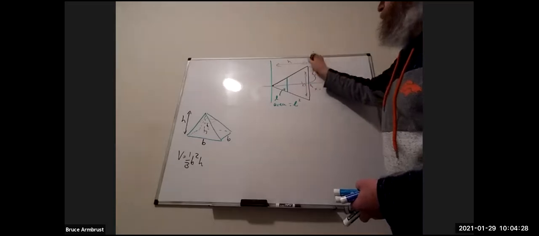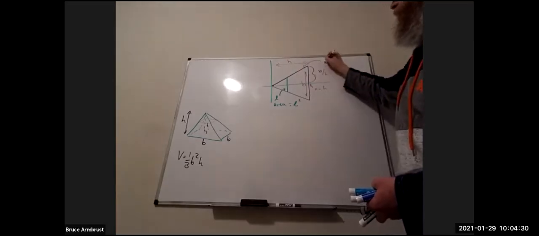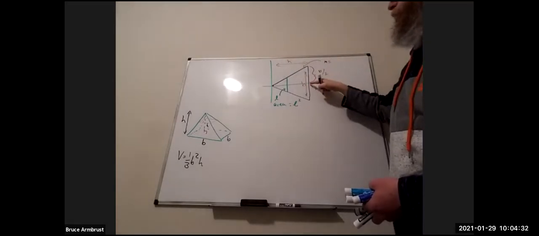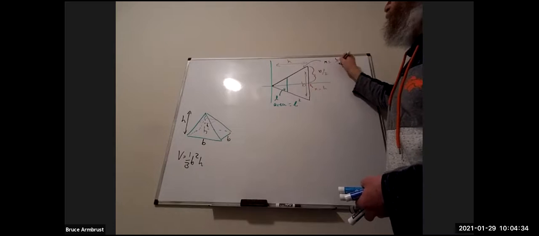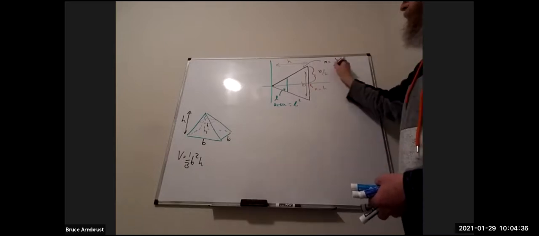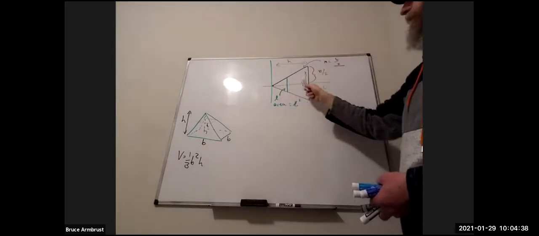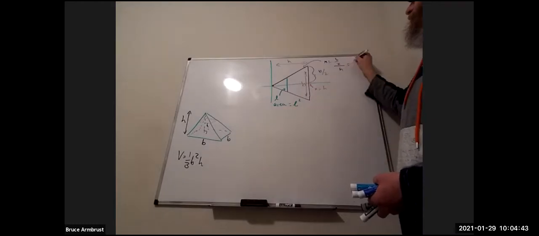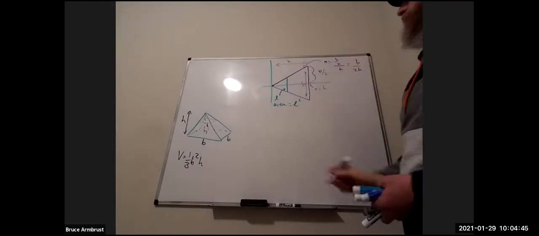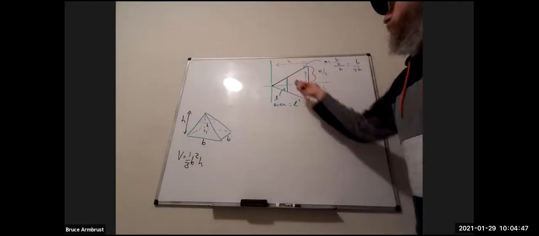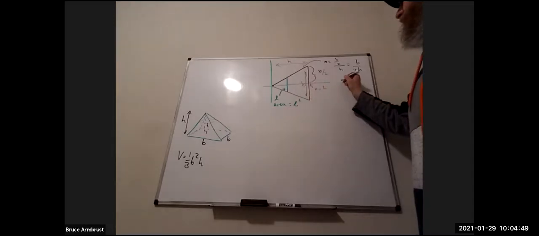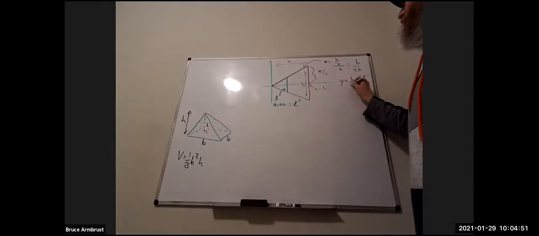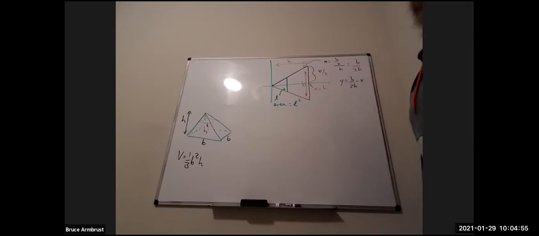Well, the slope of this line, if we think about rise over run, we're going to go up b over 2, and then we're going to divide by how far over we go, which was h. So this is b over 2h. So the equation of that line is y equals b over 2h times x. Just slope times x.